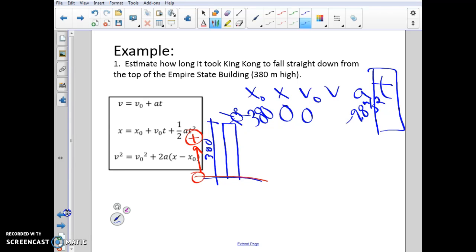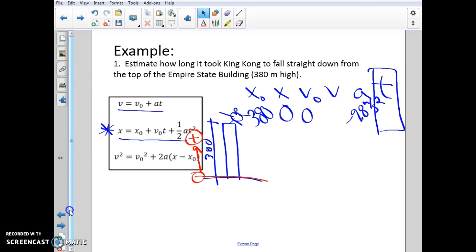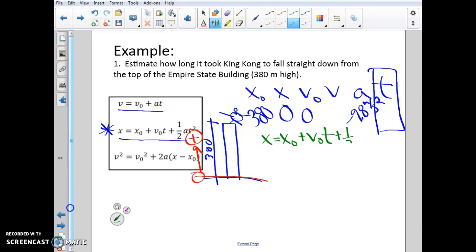So which equation am I going to use? Ones that have time in it, either this one or this one, and it looks like the only one that deals with position is the second equation. To help me remember the equations, I'll write down the equation first. And from here I'm plugging it in.